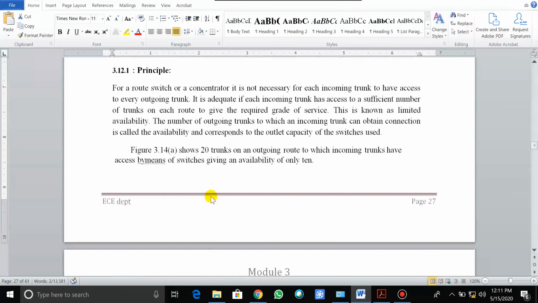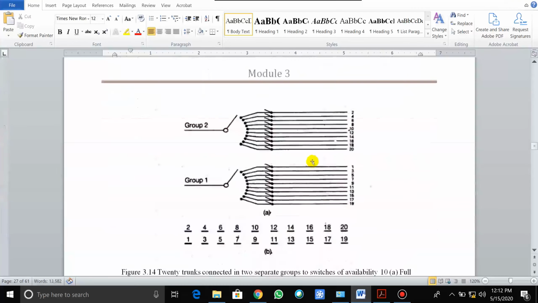Let us see the diagram below, which shows 20 trunks on an outgoing route to which the incoming trunks have access by means of switches giving an availability of only 10. In this diagram you can see group number 2 and group number 1.